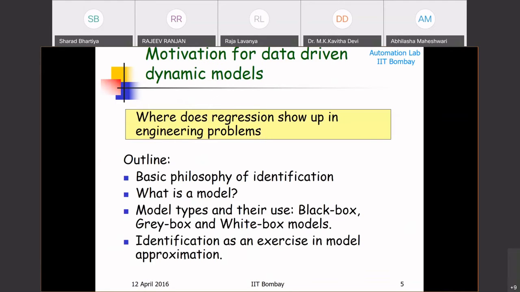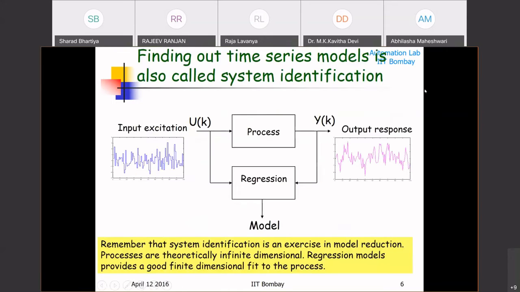Into dynamic models. So without getting bogged down too much, we'll just see where these models come from. For example, you have a process shown over here and you have an input u, at each time instant.